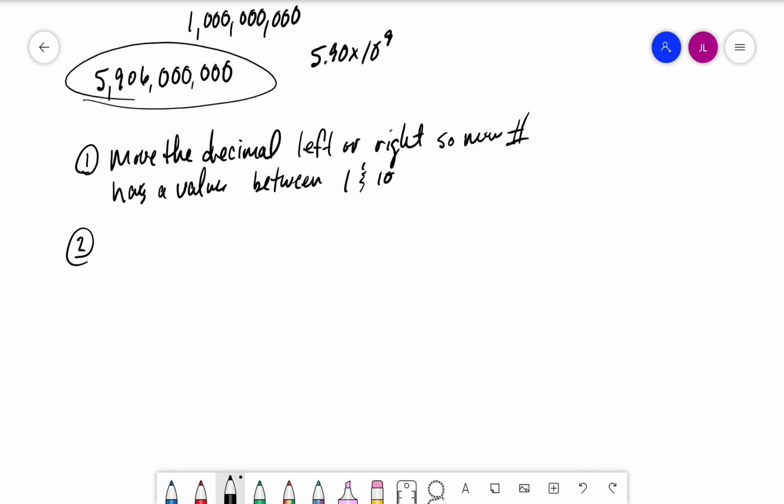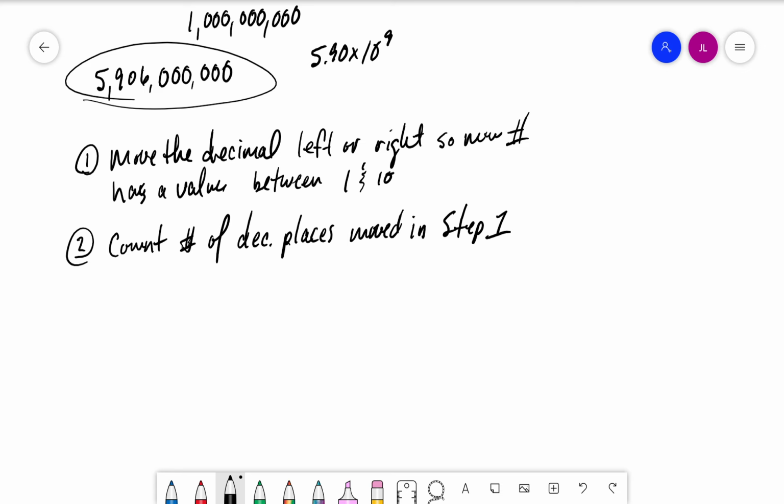The second step is counting decimal places: count the number of decimal places the decimal point was moved in step 1.